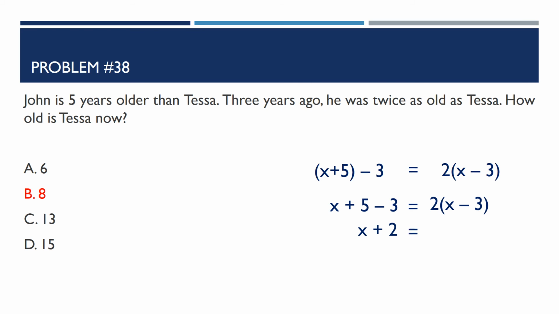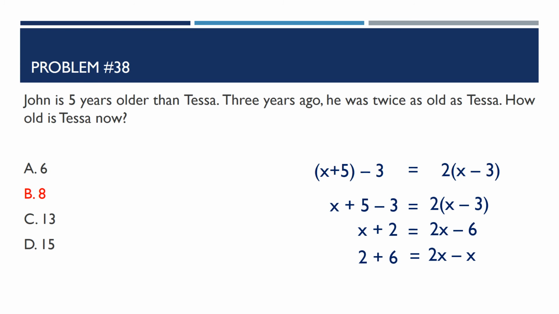So 2 times x and 2 times negative 3, which will be 2x and negative 6. Then we are going to transpose such that the negative 6 will be at the left side and it becomes positive 6, and the x will move to the right side so that it will change sign to negative x.